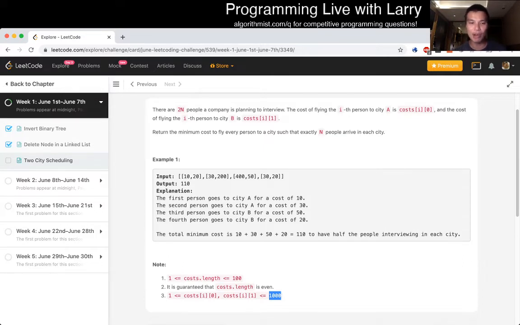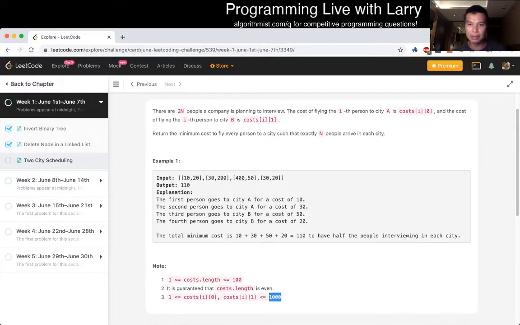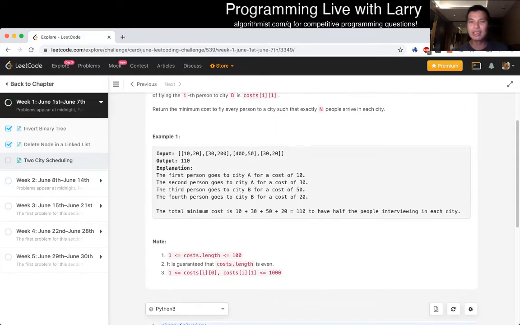And I'm just trying to think whether there is a greedy algorithm. Can I do something a little bit better? Greedy algorithms are always tricky with these things for me, particularly.